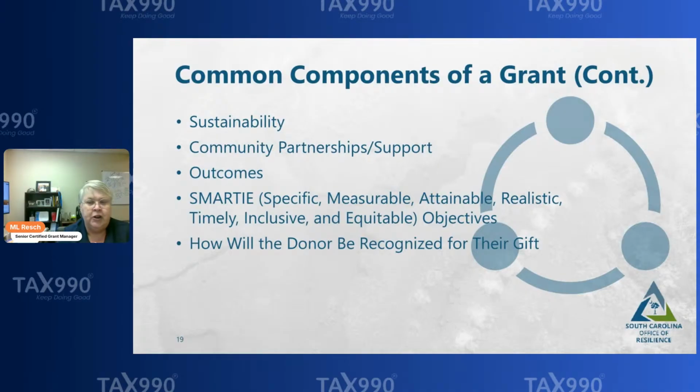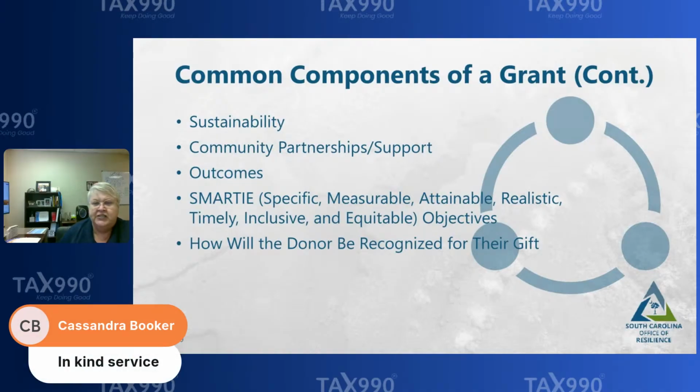So if I'm Harvest Hope, I'm going to say, we're going to provide food for the kitchen. We are going to provide bottled water for work projects. We are going to provide afternoon snacks for their kids program at their women's shelter. If I'm Oliver Gospel Mission, I'm going to say, we're going to provide programs. We're going to provide an in-kind service. Good answer, Cassandra.